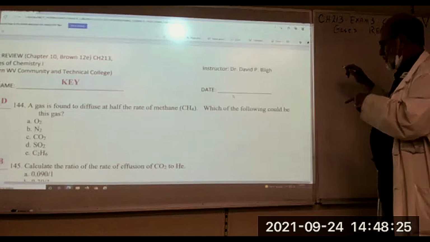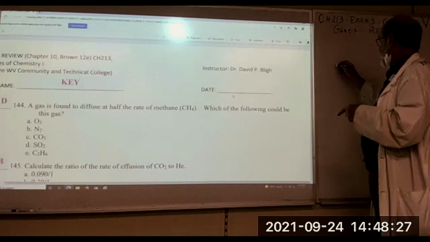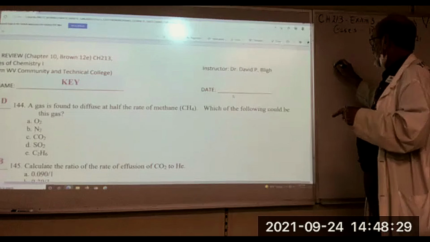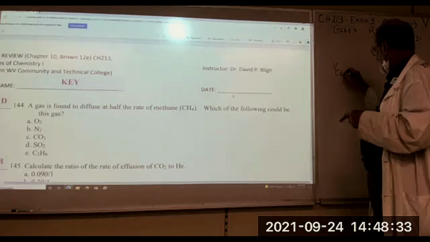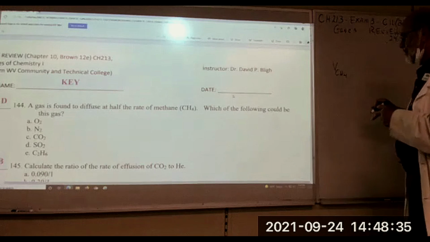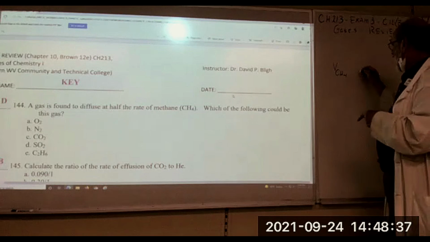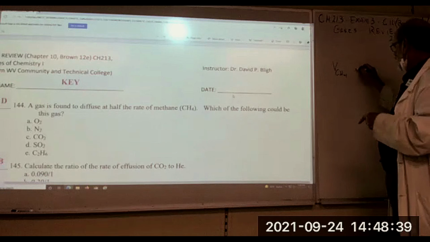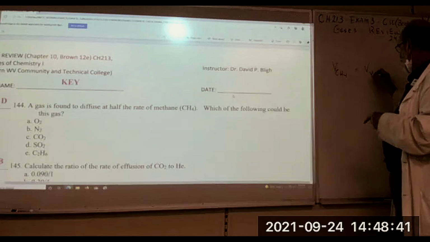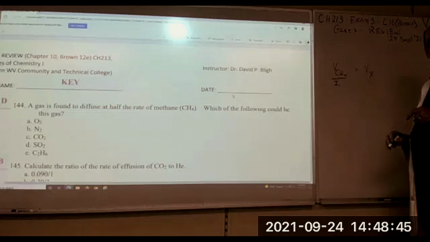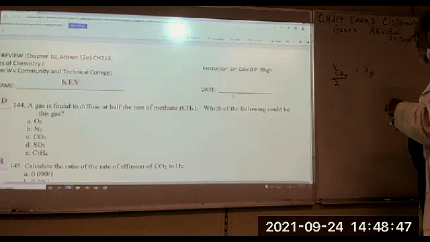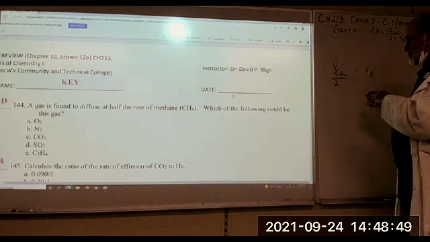So if the methane diffuses at this rate, then our unknown gas diffuses at half that rate, right?